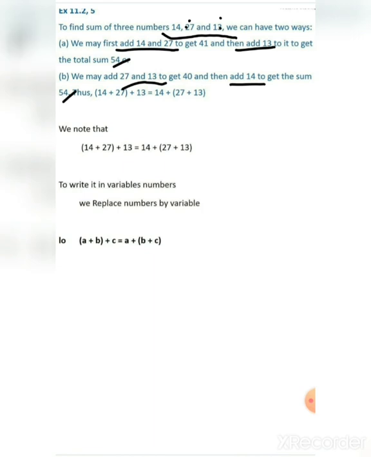Thus 14 plus 27 in bracket plus 13 is equal to 14 outside the bracket plus 27 and 13. So how can we say these are equal? How can we prove this? This can be proved by the distributive law of numbers.